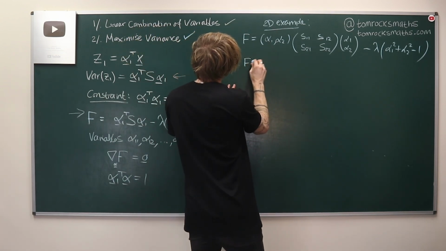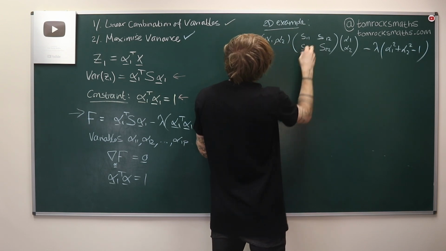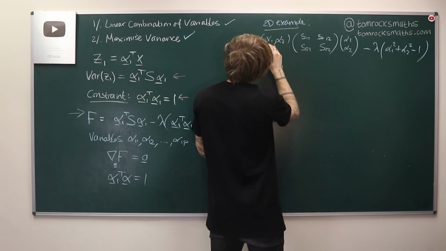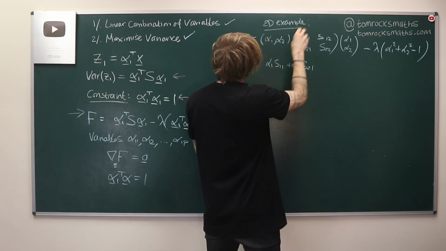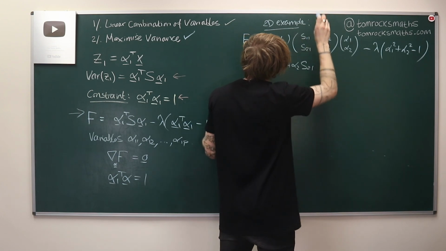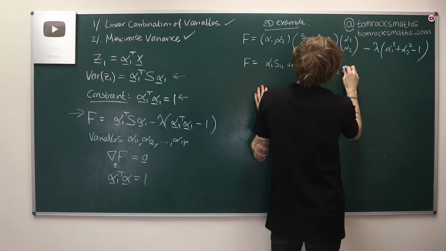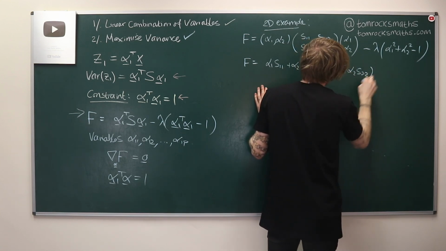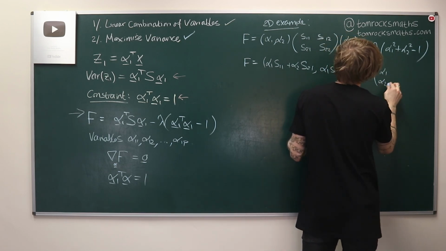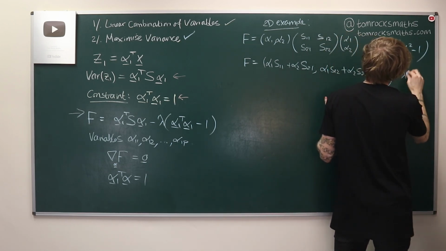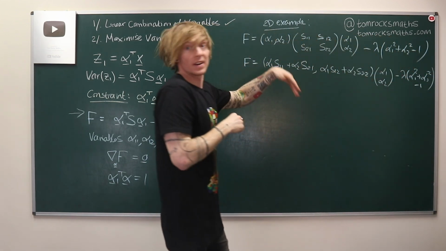So expanding that out, first row, first column is going to give me alpha 1 S11 plus alpha 2 S21, and then first row, second column, alpha 1 S12 plus alpha 2 S22, and that's then multiplied by alpha 1, alpha 2, and then still minus this whole thing on the end, alpha 1 squared plus alpha 2 squared minus 1, and then finally expanding that out.